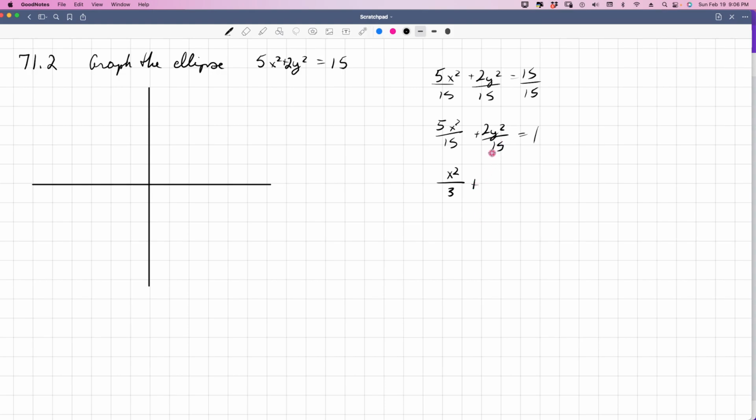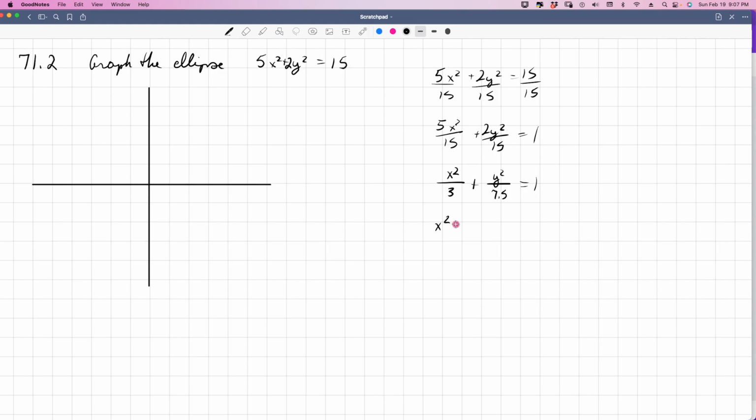Now we're going to divide both of these by 2 in order to get rid of the coefficient with y. So 2 divided by 2 is 1, so it leaves me y squared here, and 15 divided by 2 is 7.5. So from here, I know that x squared is going to be equal to 3, and y squared is going to be equal to 7.5.